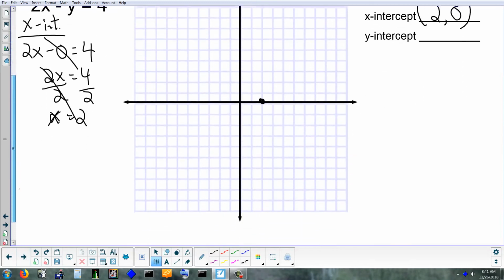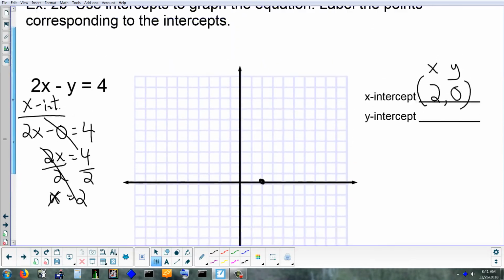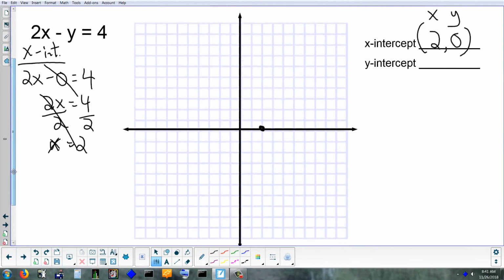How about, scroll up a little bit. Paige, could you tell me how to set up the second one to solve for the y-intercept? 2 parentheses 0 minus y equals what? 4.